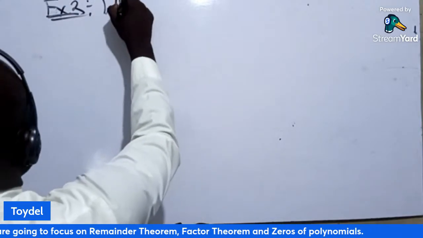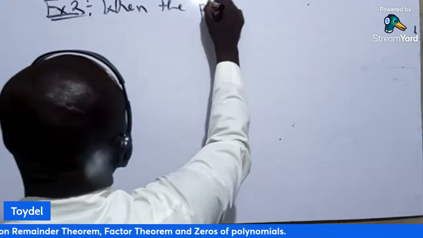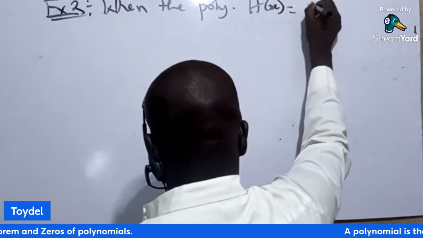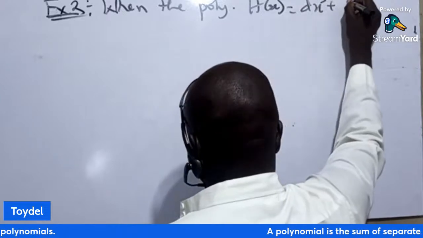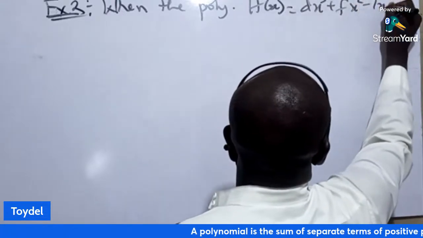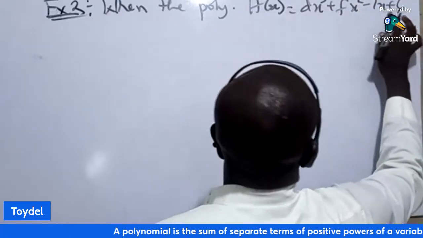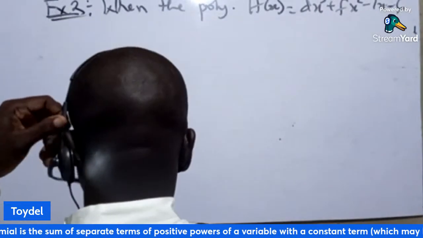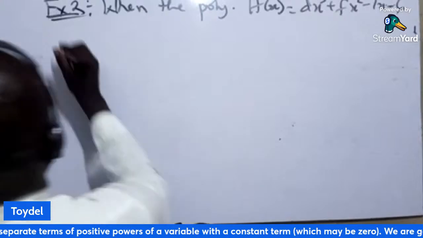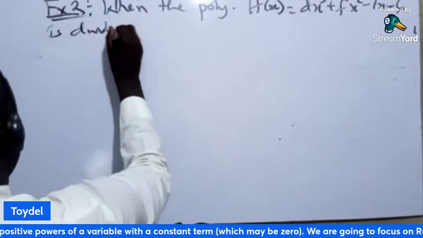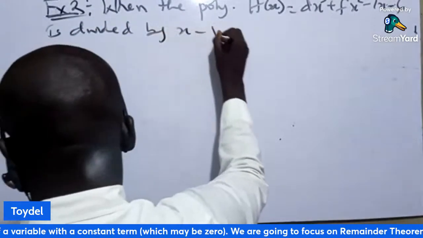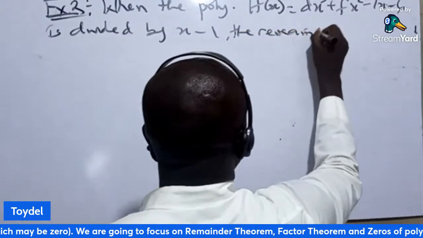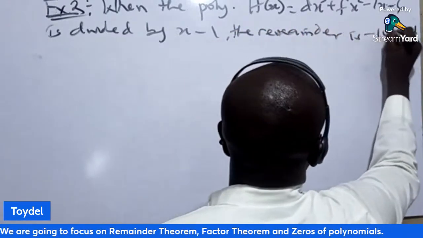So this question says that when the polynomial h of x, which is given as dx cubed plus fx squared minus 7x minus 6, is divided by x minus 1, the remainder is minus 10.